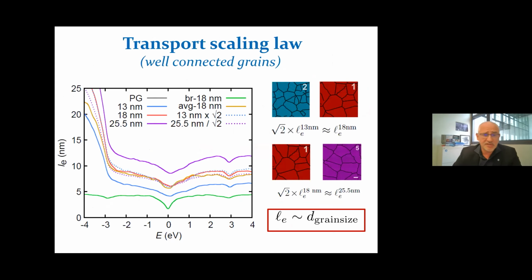And as a result, for instance, we show what we got several years ago. It is the elastic mean free path as a function of energy for different polycrystalline graphene with an increasing average grain size. And what you see is that as you increase the grain size, you increase the mean free path. But what we found out is that it was really a linear scaling.